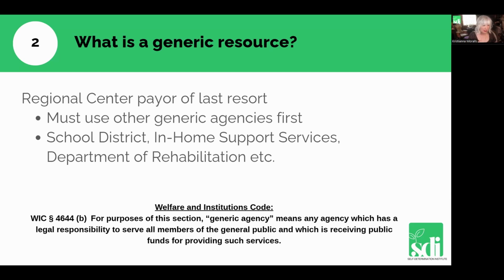So when I have somebody who says, hey, this local nonprofit is giving away iPads, you need to go to them first. They may not be a generic resource. If they're not getting federal funds and those are not offered to the general public, then they're not considered a generic resource. So I do use this definition a lot, something to save.